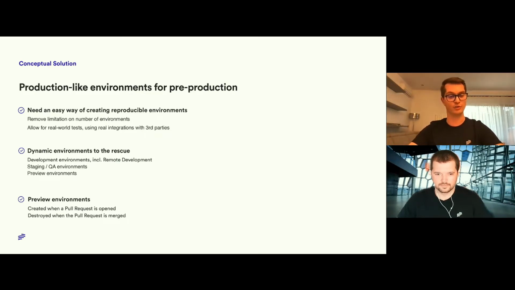Staging environments or QA environments would be used for manual testing or automated testing, and also they would be either spun up by some rules like creating a pull request, or just on demand, like whenever someone needs it. It could be a few clicks or a CLI command, which is run by a more technical person.